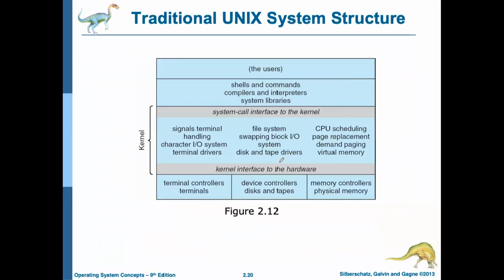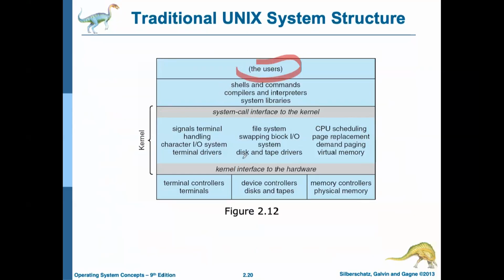So you can see the user, and the lowest part is the hardware. Similar to the OSI layers, all the layers work by layer. You can see the shell and commands, compilers and interpreters, and libraries after the user. And the system call interface to the kernel.